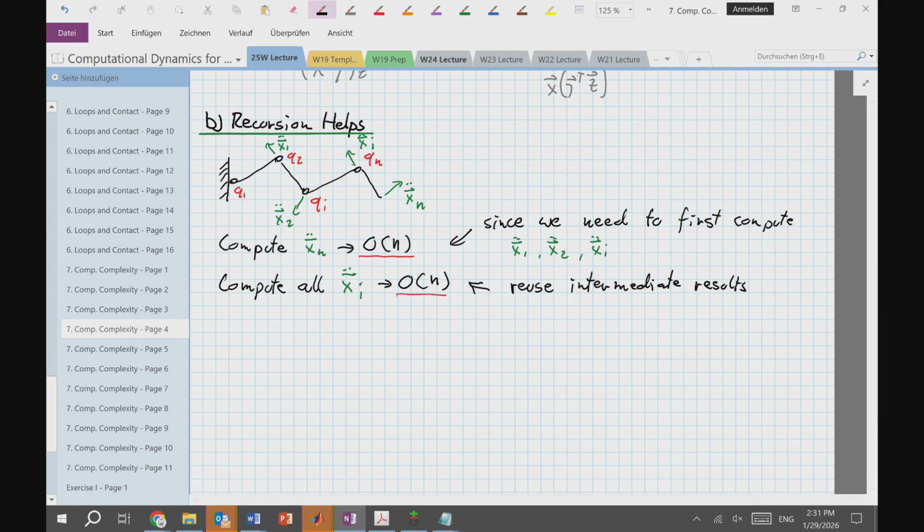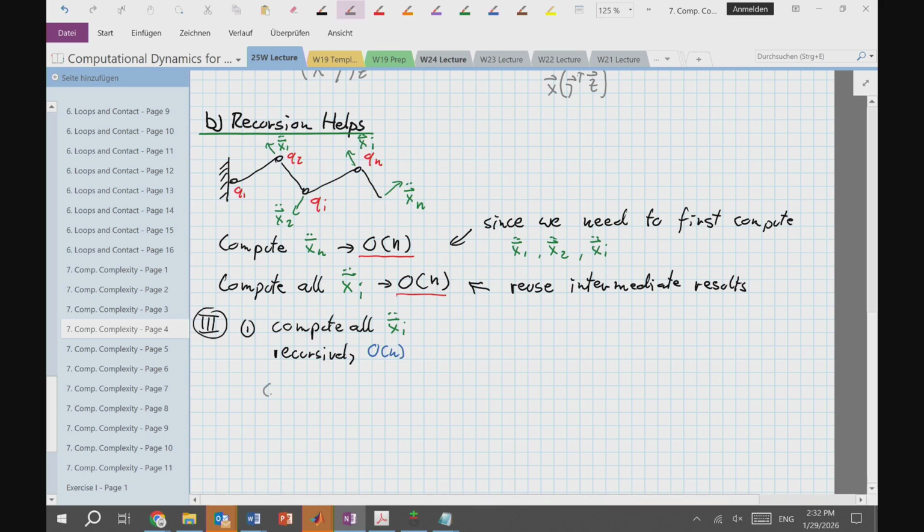Now, as a comparison, step 3: if I compute all x_i not with Jacobians, but recursively, I get an order n operation.